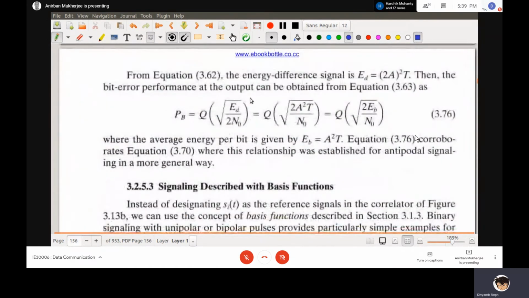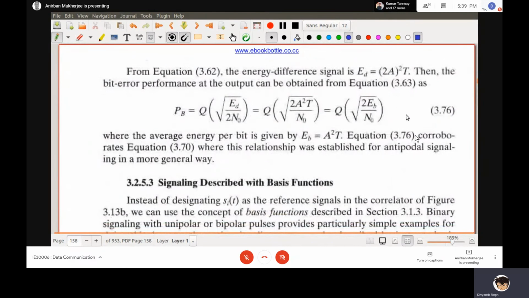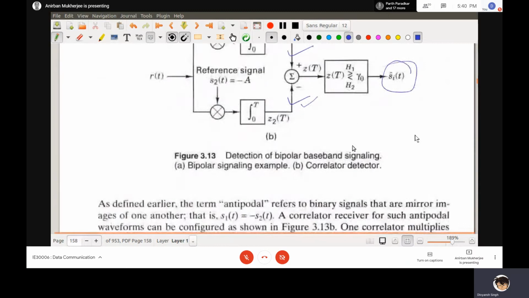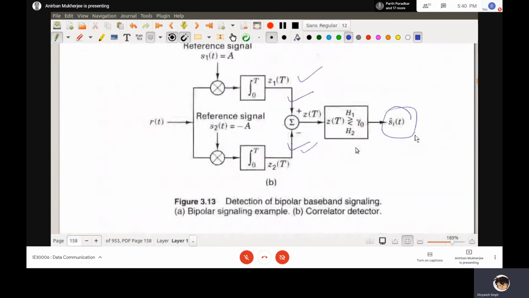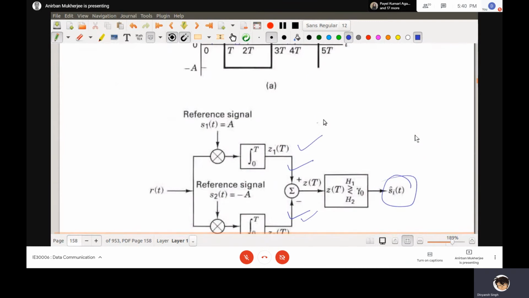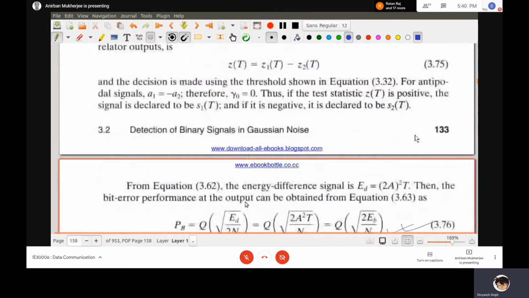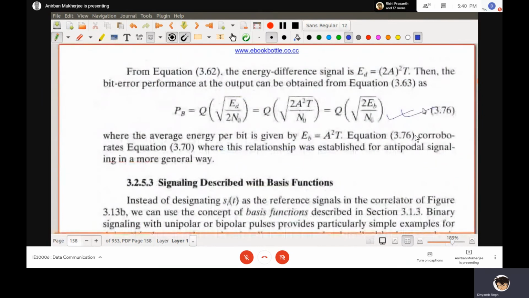You see, I ran all this analysis, and finally it is Q of root 2Eb by N0. If you do a little bit of analysis, you will find that gamma 0 will be 0 because A1 equals A2, in this type of case, bipolar signaling. Please read up to this.